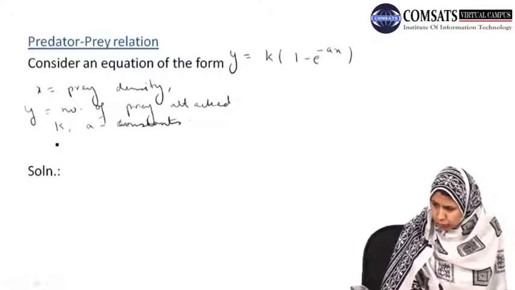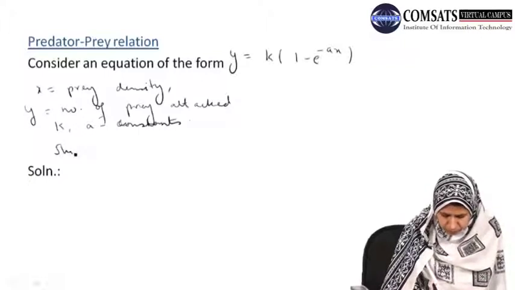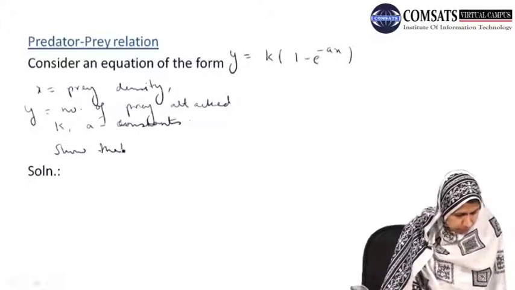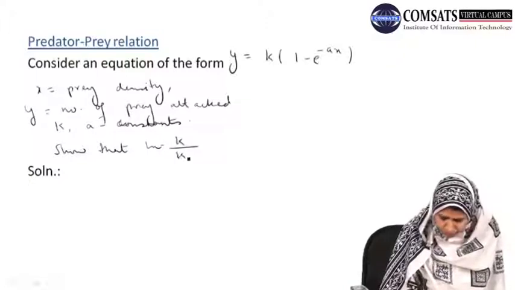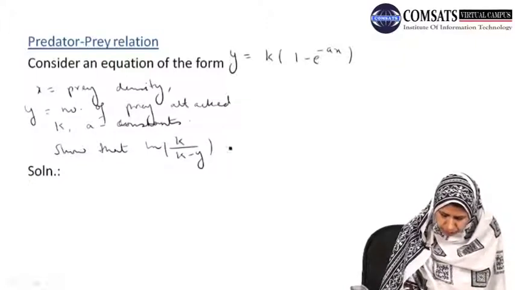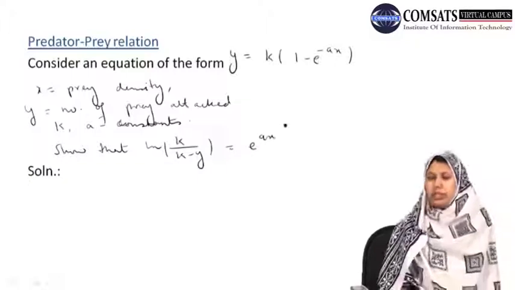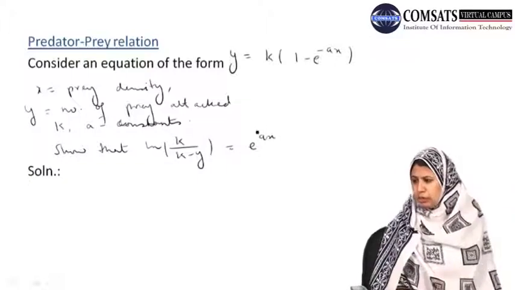And we are asked to show that natural log of k over k minus y is equal to ax. How will we show this?